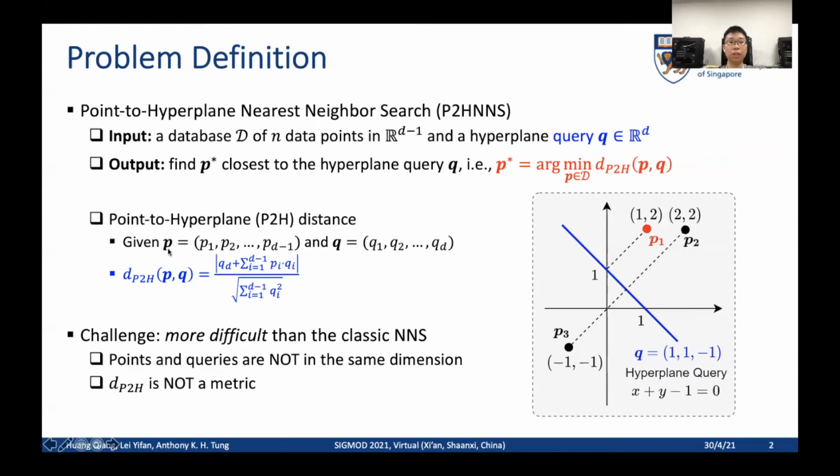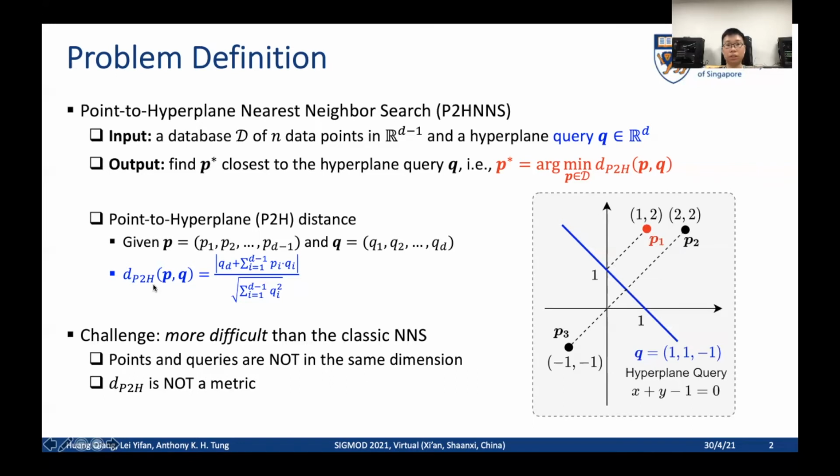Given a data point P and a hyperplane query Q, the point to hyperplane distance is defined as follows. As you can see, the numerator contains an inner product operation and an absolute value operator. This problem is more difficult than the classic point-to-point nearest neighbor search, based on two aspects. First, the data points and the query are not in the same dimension.